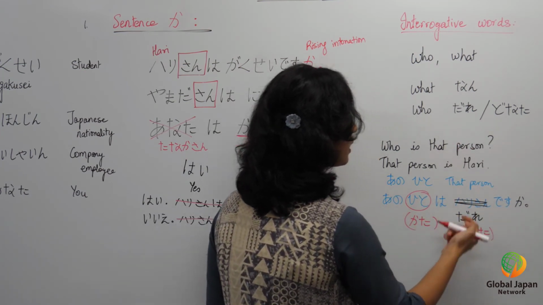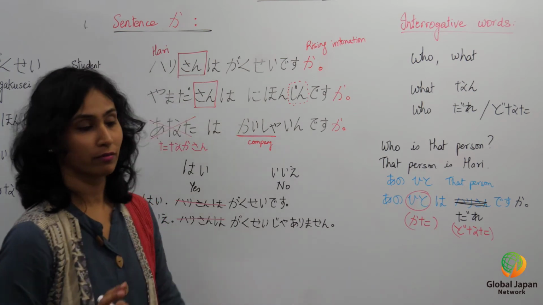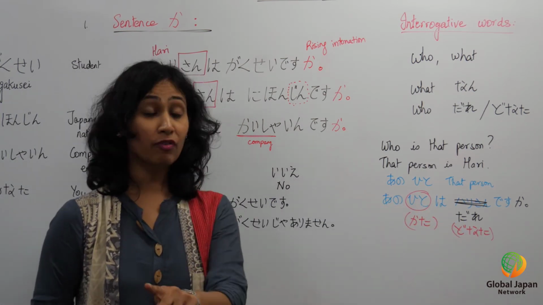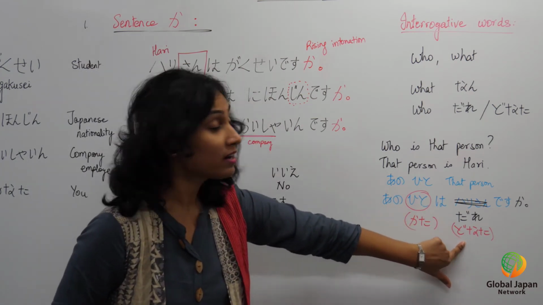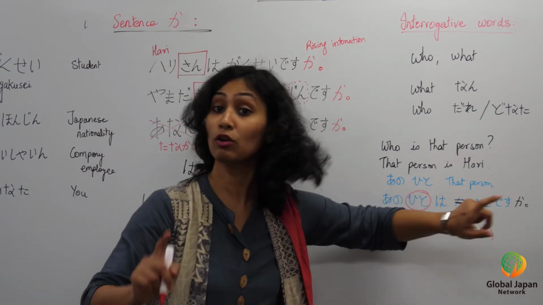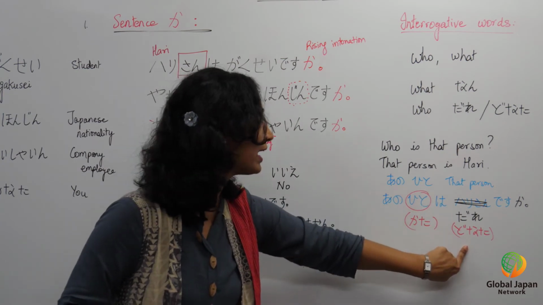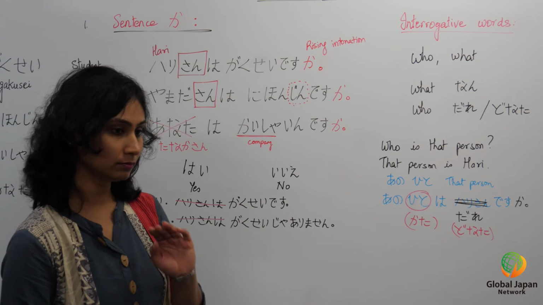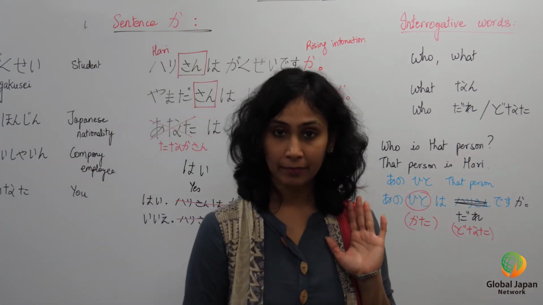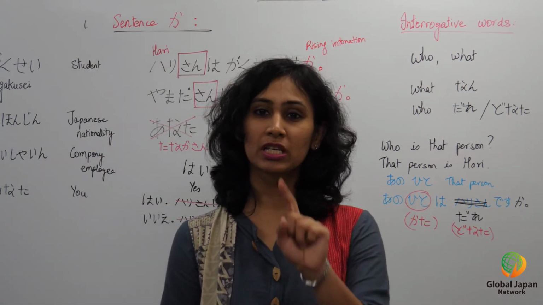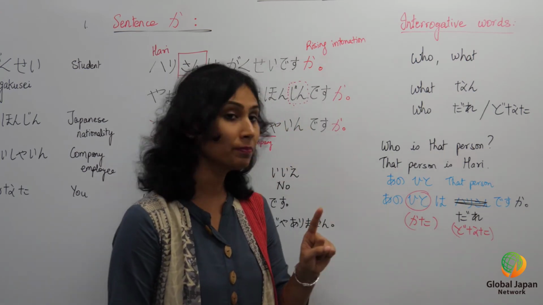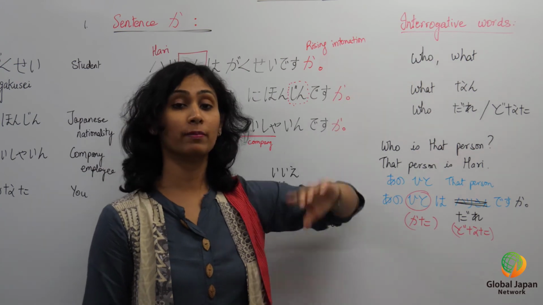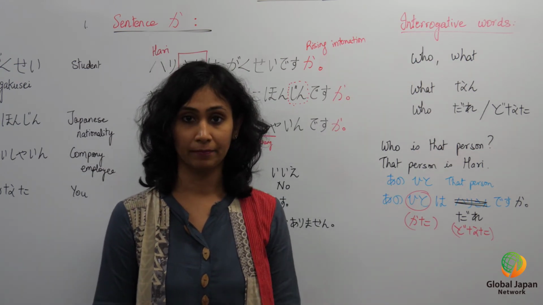This is a more polite form of hito and dare. Whenever you use donata, you can't say ano hito wa donata desu ka? No, because if you make this sound more polite, even this has to be equally polite. Okay, so interrogative, I've just given you one simple form. Many other question types with interrogative words we will be seeing in the forthcoming lessons.